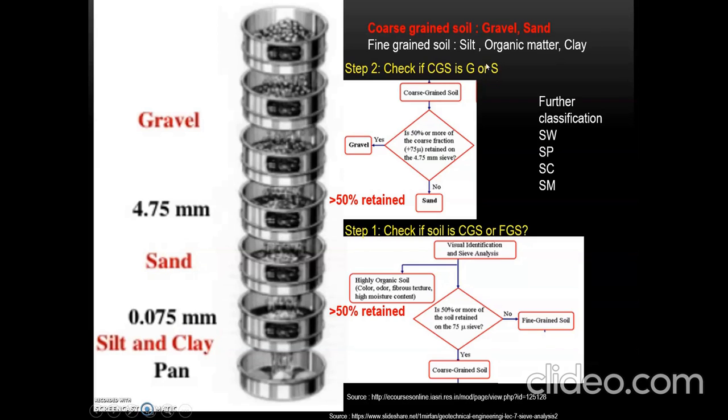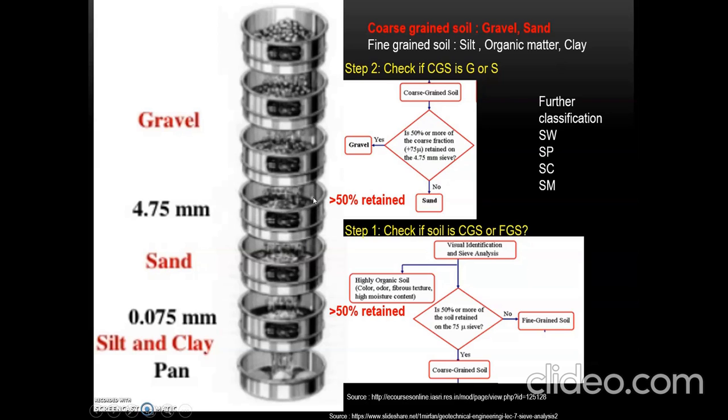So, once we know that the soil is coarse-grained soil, we don't know whether it is gravel or sand. Now, we have to find out whether the coarse-grained soil is of gravel or it is of sand. So to check that, again we will have to see how much percentage of the soil is retained on 4.75 mm sieve.